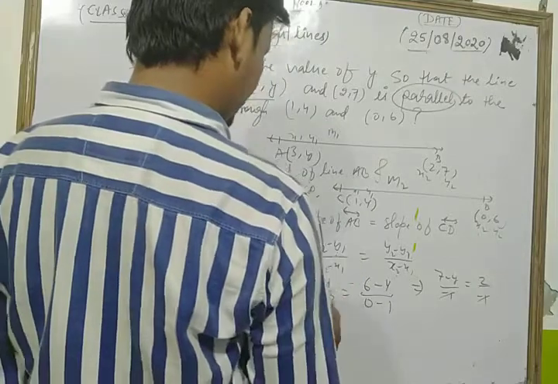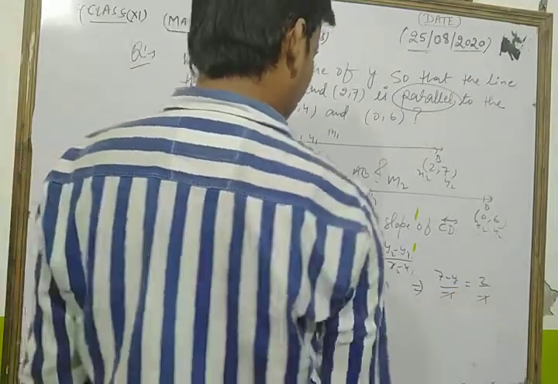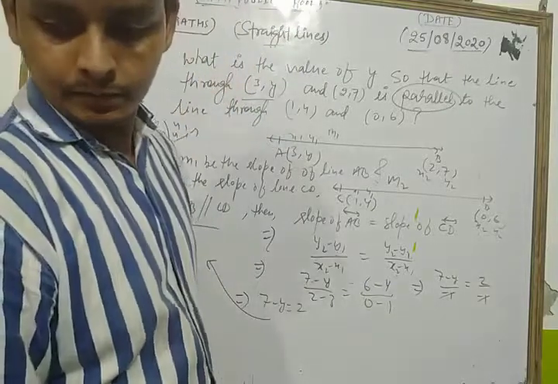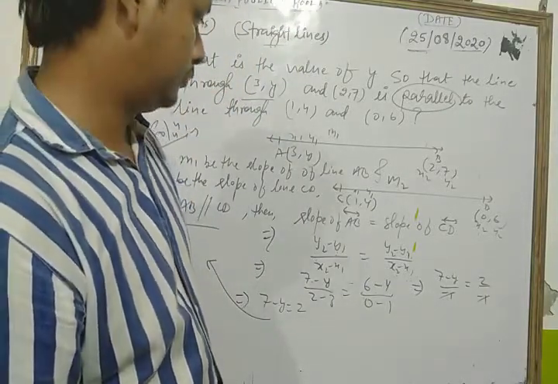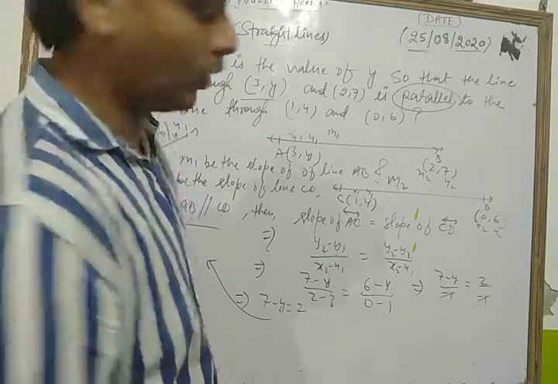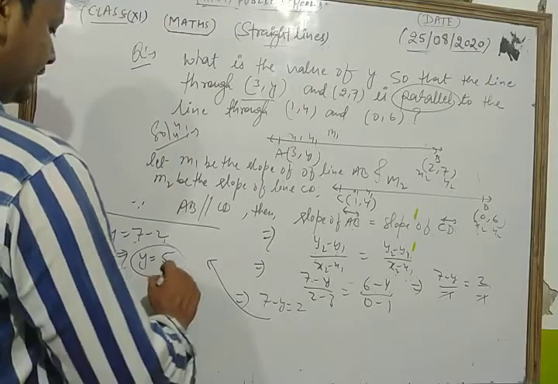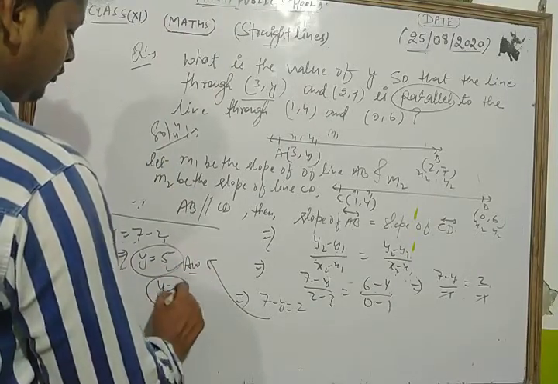So we get 7 minus y upon minus 1, and the minus 1s cancel each other. In this way we get the value of y.